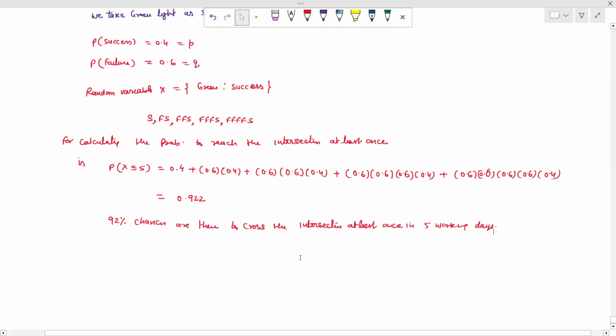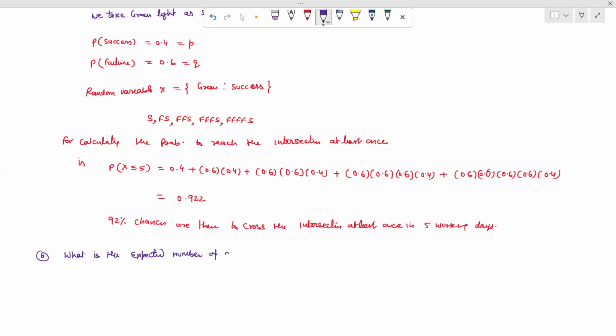Okay, so now we calculate the expected number of days; the second part we can add here. What is the expected number of days before the light is green when you reach the intersection?